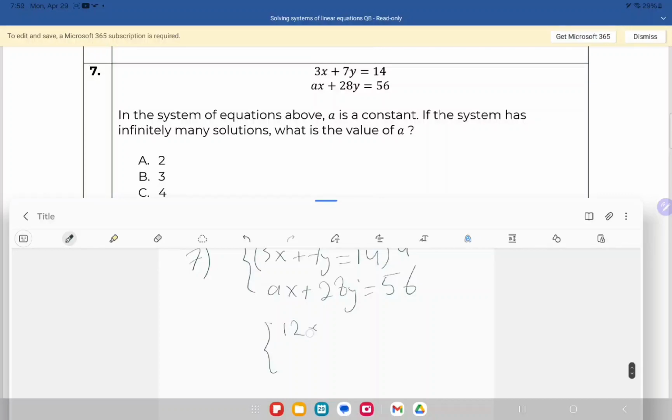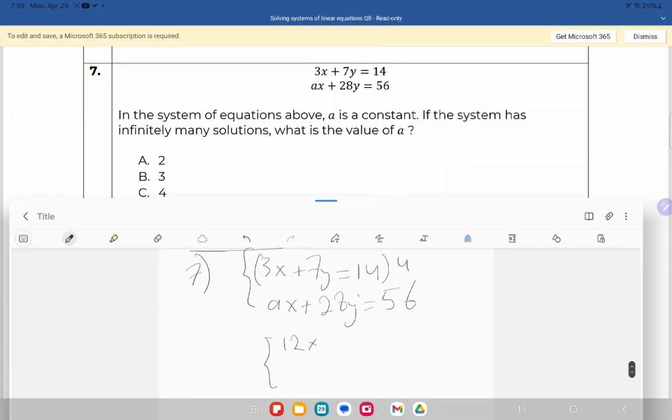I get 12x plus 28y is equal to 4 times 14, 56. And ax plus 28y is equal to 56. Now, by comparing, they're exactly the same. 56, 56, 28, 28, 12, a. So now I can safely say that a is equal to 12 because they're identical. So a is equal to 12.